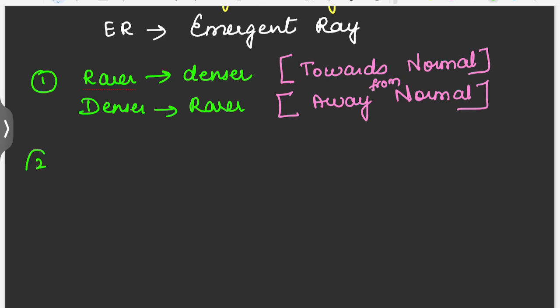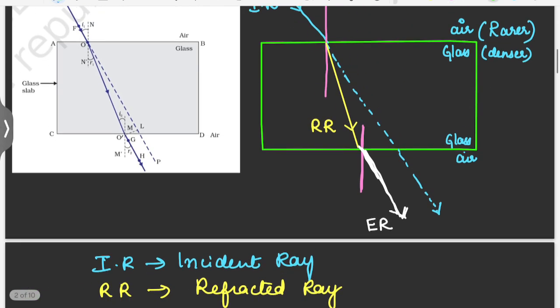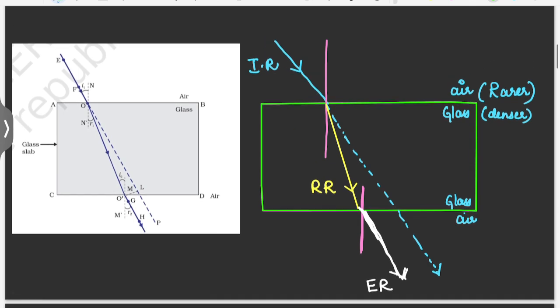So the second important point is about the angle. Here you can see this angle, that is the angle between the normal and the incident ray. This angle is called angle of incidence, and it is represented by small i. And this angle is called angle of refraction, and it is represented by small r.